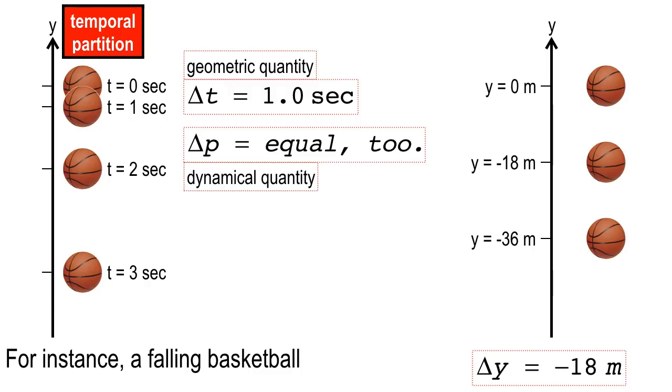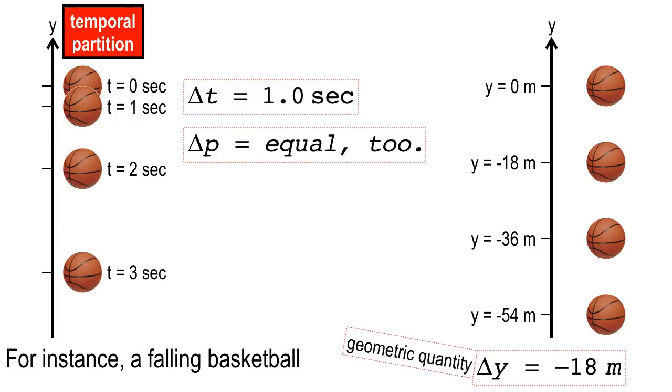That's quite a ways, okay? And then 54 meters down here, another 18 meters, okay? Now that's a spatial partition. And the geometric quantity is delta Y, right? Delta Y equals minus 18 meters. Delta Y is parallel to the trajectory. And of course, the gravitational force is also parallel to the trajectory.